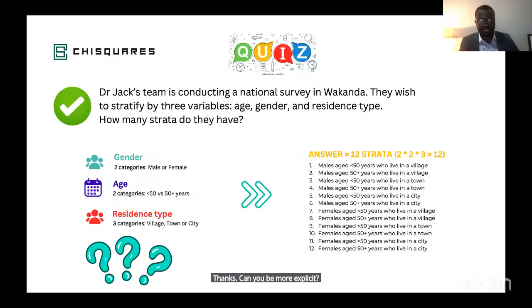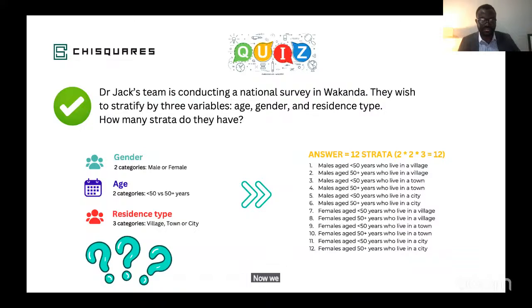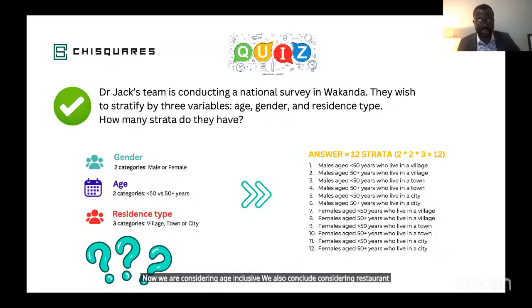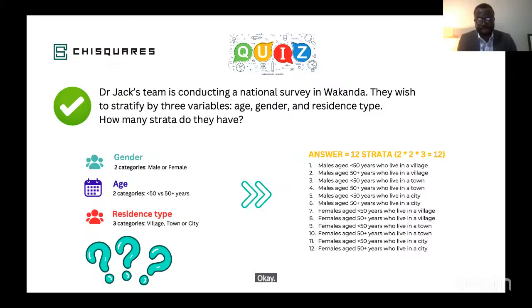Yeah, what that means is that while we would have considered just maybe a particular group, let's say we're just taking gender and we just take a pool of male and female, now we are considering age inclusive, and we're also considering residence type inclusive. So we want to be so sure that we cover these three specific areas. So that will eventually increase the sample size.